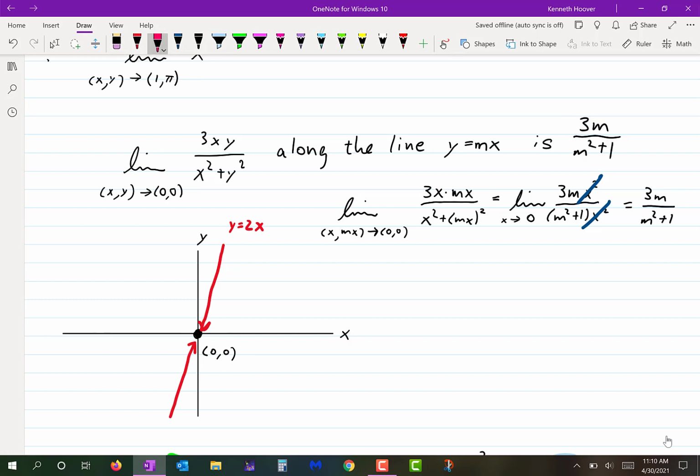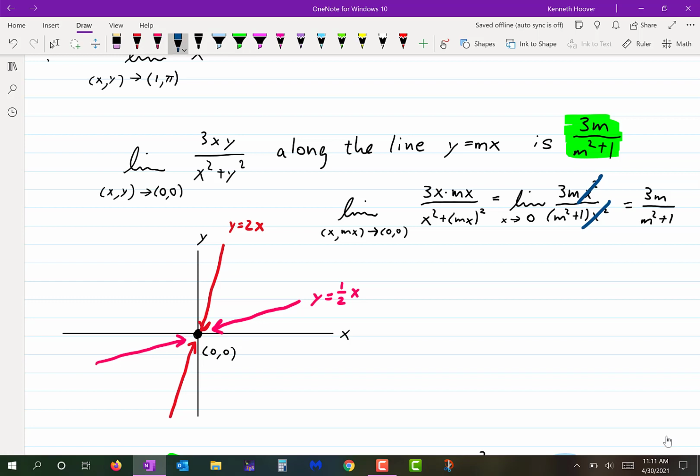But what about if you approach along the line y equals 1/2 x? Then it would be 3/2 over 5/4.